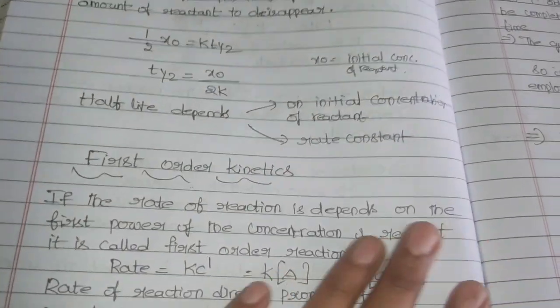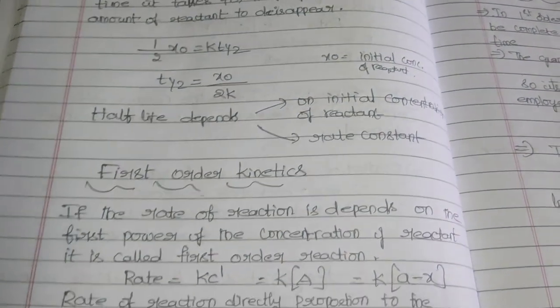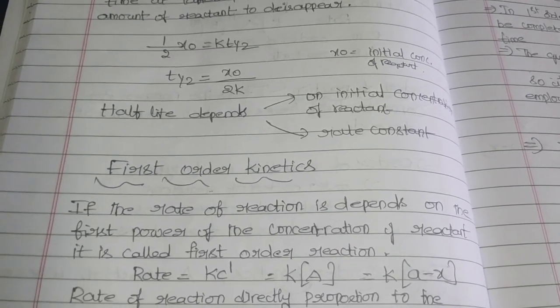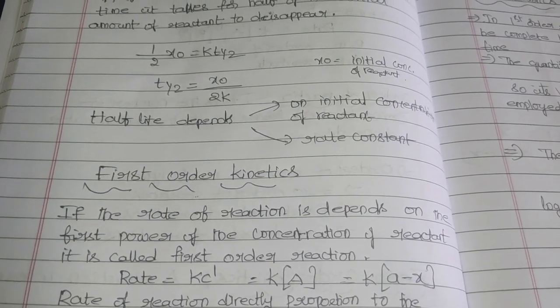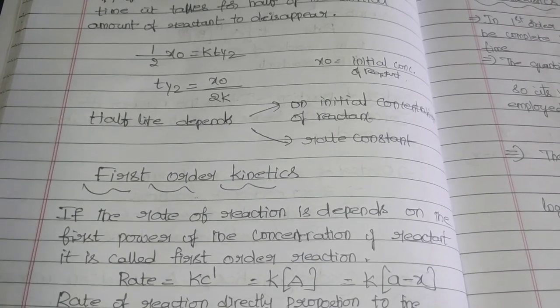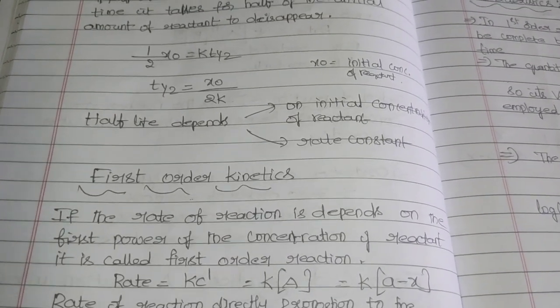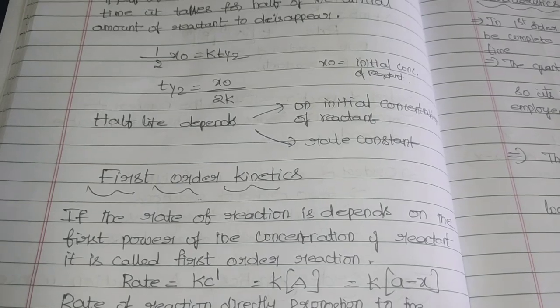Then first order kinetics. We already discussed zero order kinetics, and next we are discussing first order kinetics. If the rate of reaction depends on the first power of the concentration of the reactant, it is called a first order reaction, meaning only one reactant will be there. So the rate of reaction depends on that reactant.